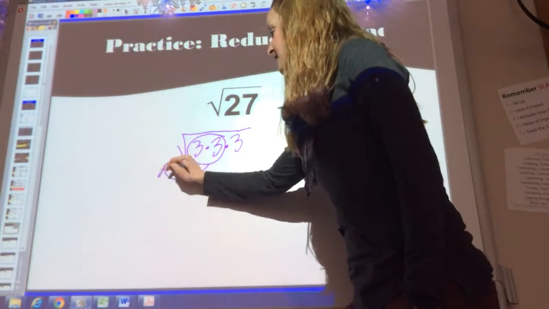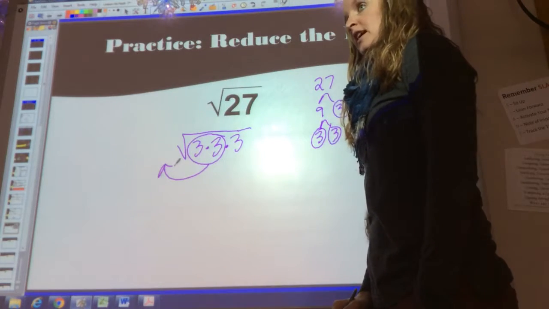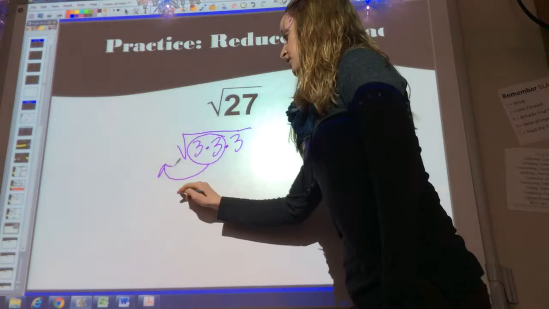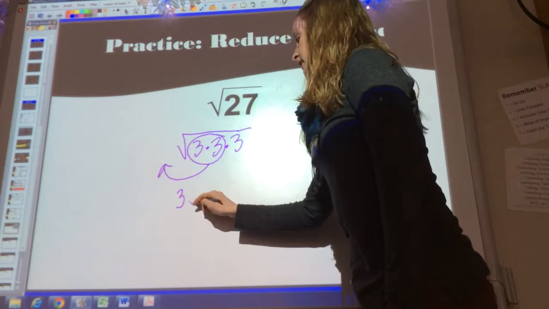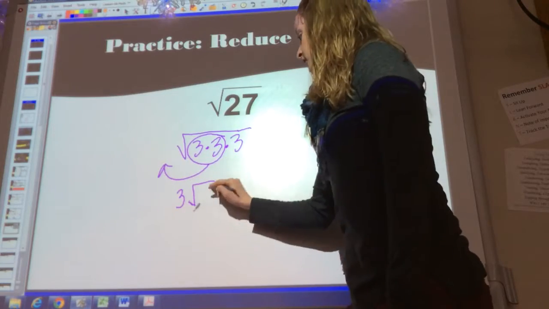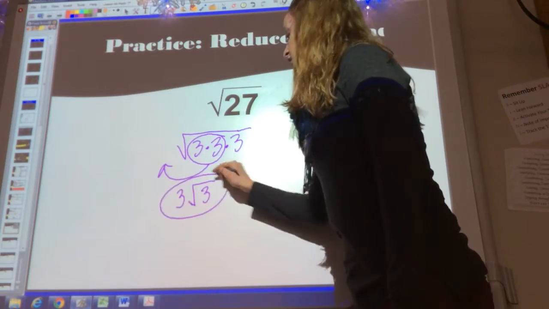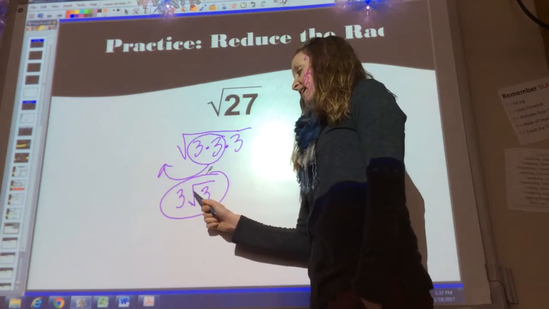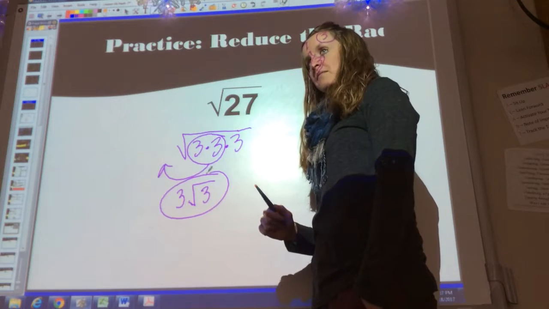We then can take one of those out. And so your simplified answer is going to be 3 times the square root of what's left inside that we couldn't take out. 3 times 3. And then you would say this out loud, 3 roots of 3 or 3 times the square root of 3.